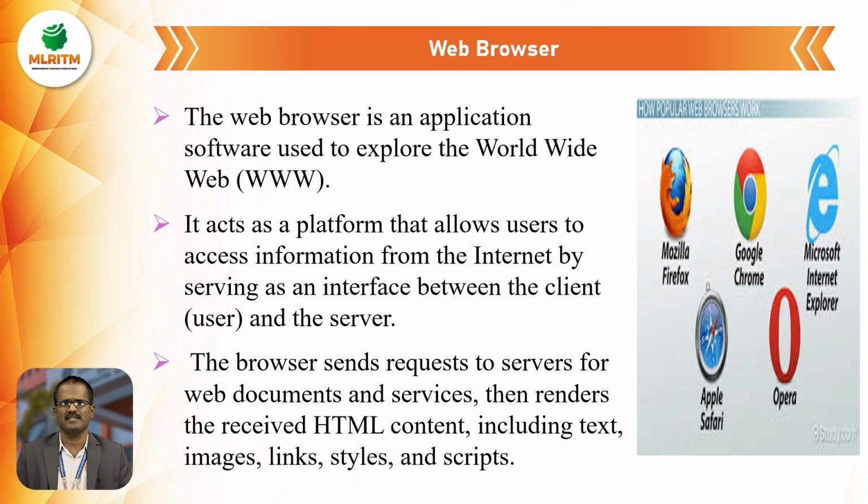Like to access the internet, we are using a web browser, the application software through which we access the information from the internet. There are different types of web browsers: Google Chrome, Internet Explorer, Mozilla Firefox, Safari, Opera. These are all the different types of web browsers through which we are connecting with the net. So this is the application software.